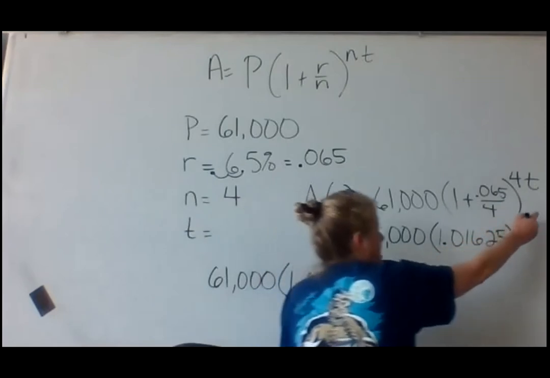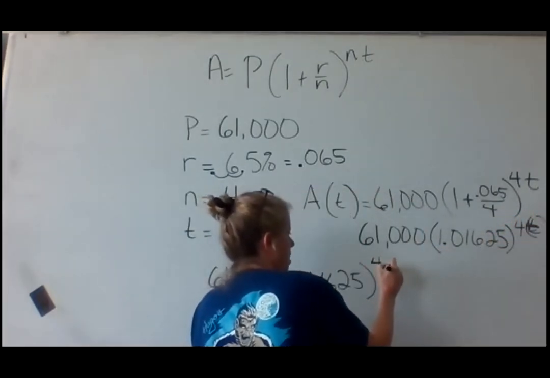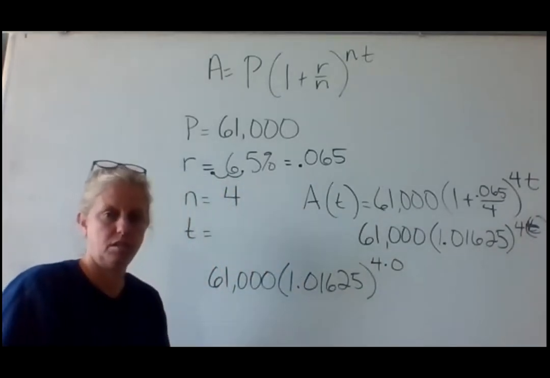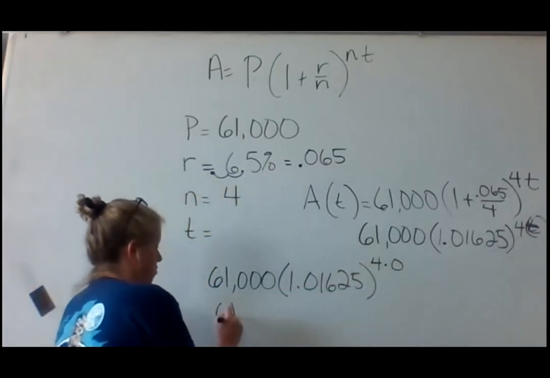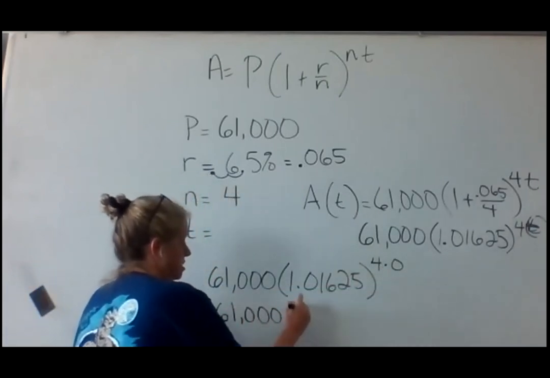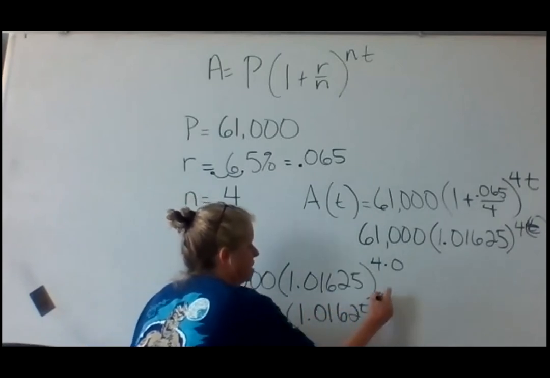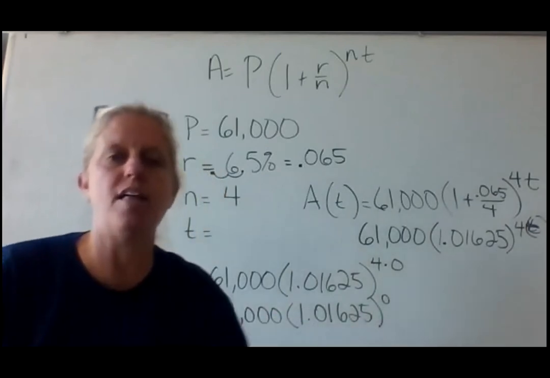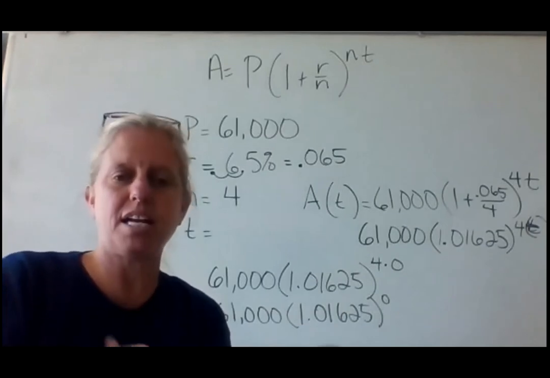Here's what's changing every time, right? Just the t. So I would have 4 times 0, which is 0, so 61,000 times 1.01625 to the 0 power. Punch that in your calculator, and that's how much money you will have after 0 years.